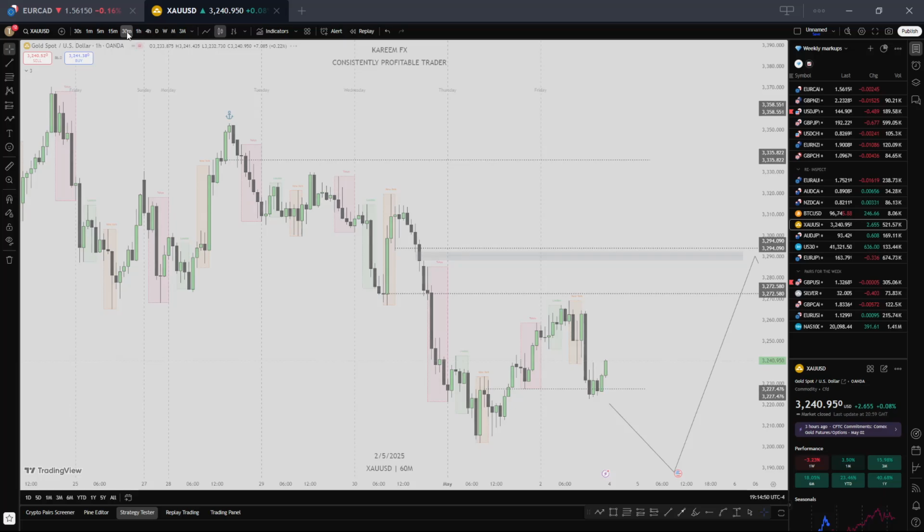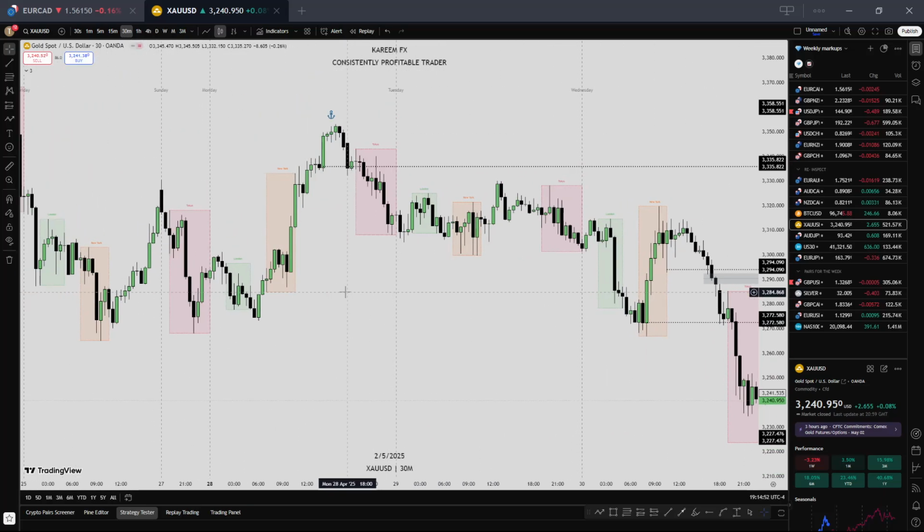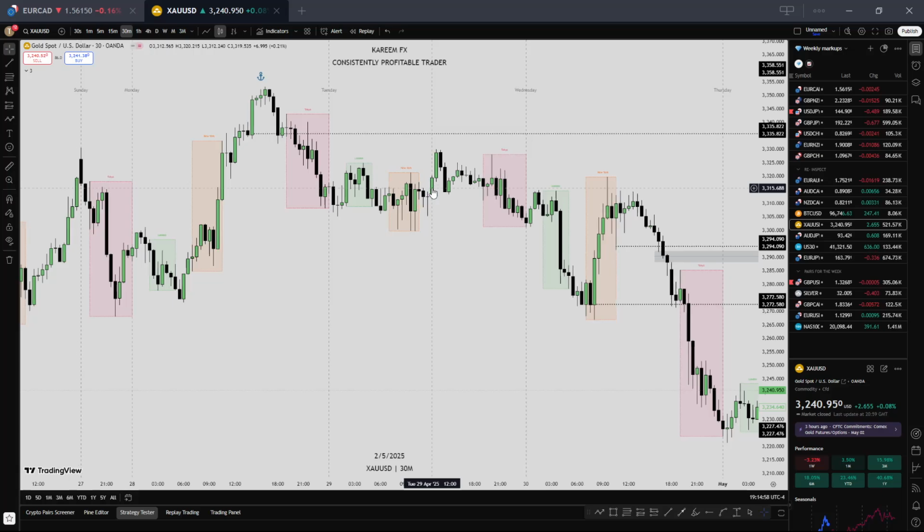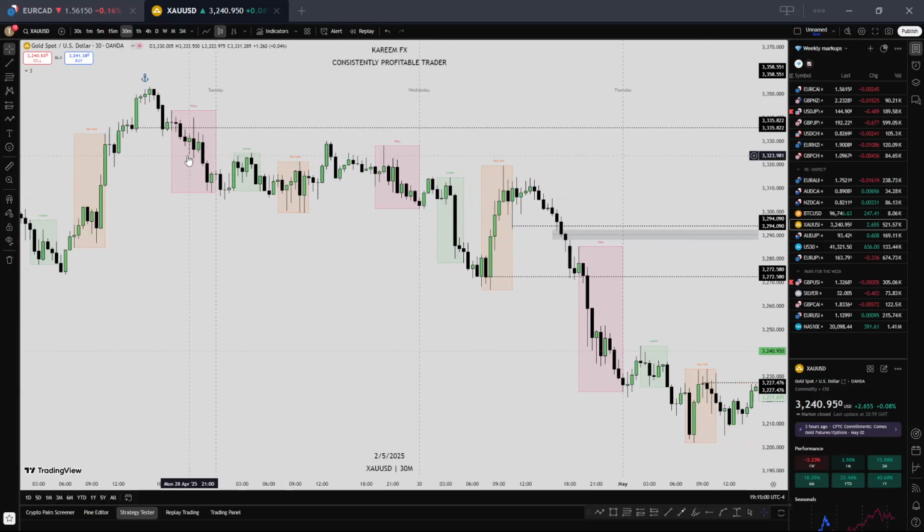Let me zoom down so that it's clearer. So over here, if you look, you see there's an order block here. Price left it, came from liquidity, left, came and took out and tapped the zone. That's why I don't think price will come all the way up here on gold.